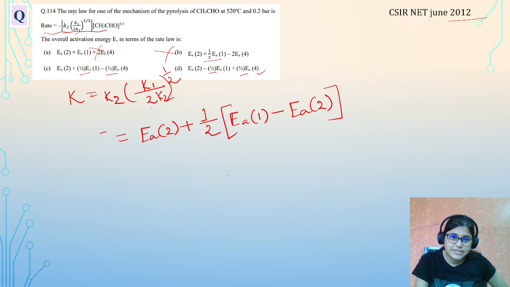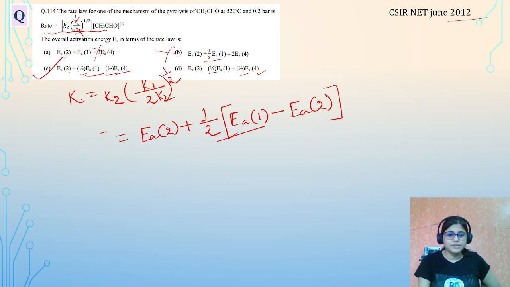So let's say this is K1, and it is K4, then half into EA1 like this, and minus half into EA4 or 3, let's say. So C will be the option. The question is not correct, fine, but we can solve it by cancelling out the other options. Okay, so C will be the correct option.